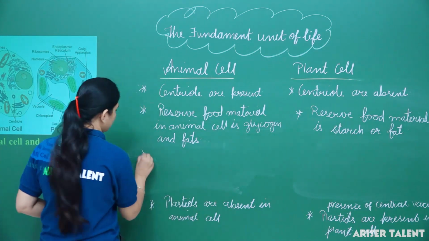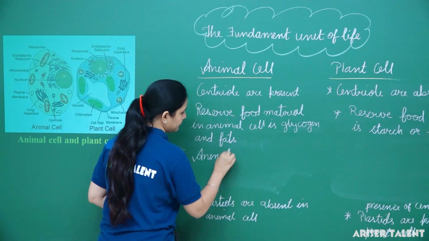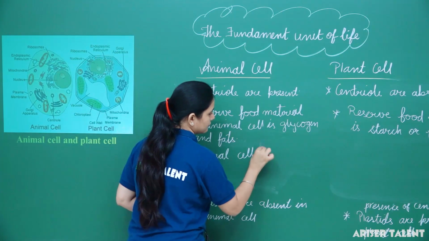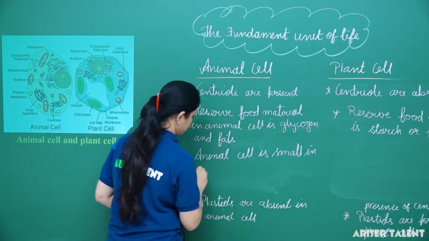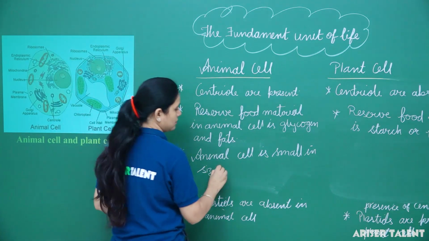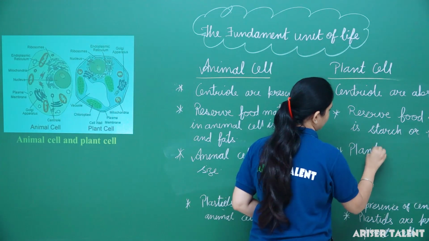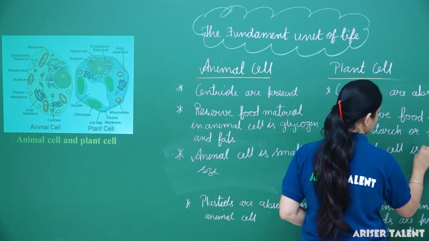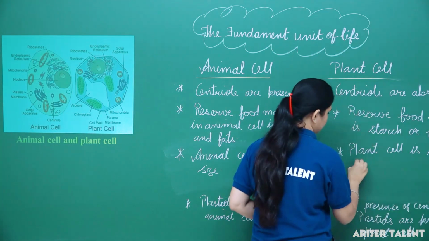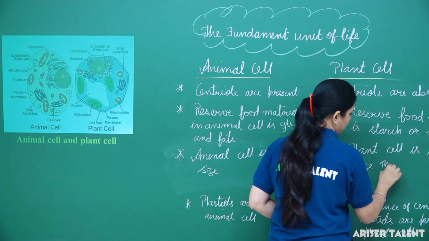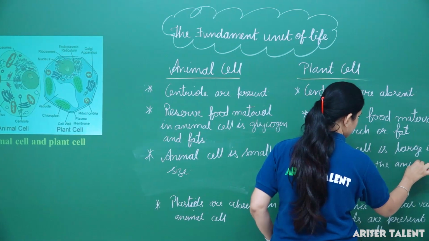Okay, on the basis of size we can say animal cell is small in size but plant cell is large in size than the animal cell.